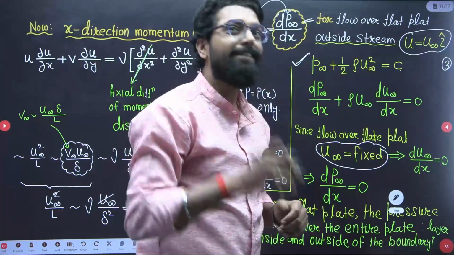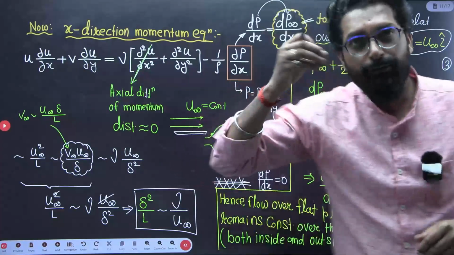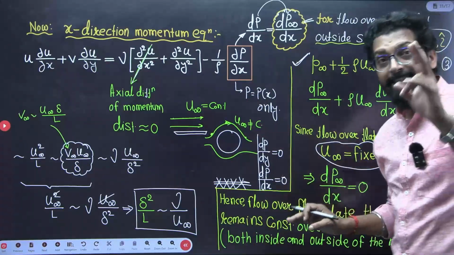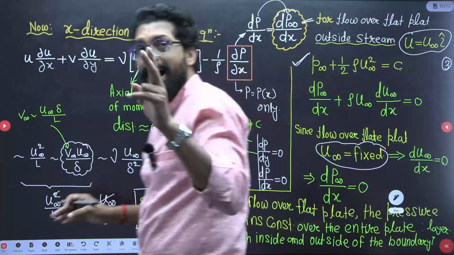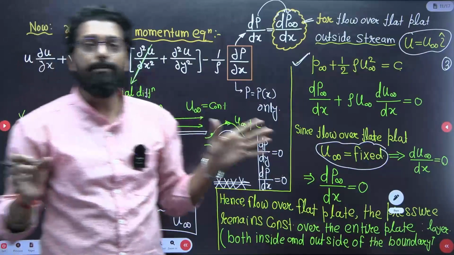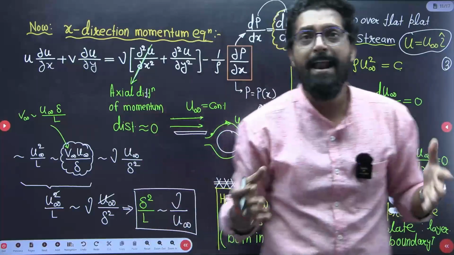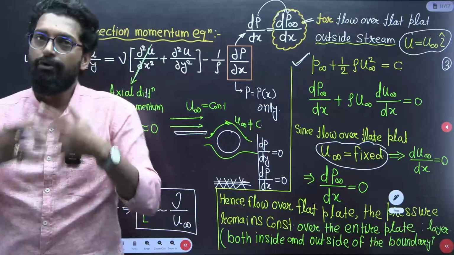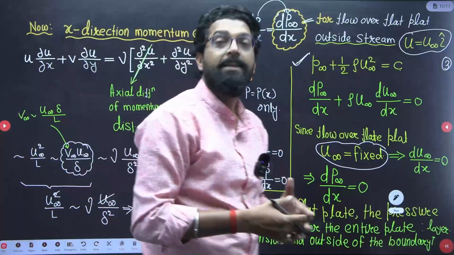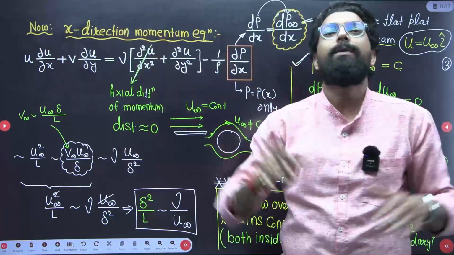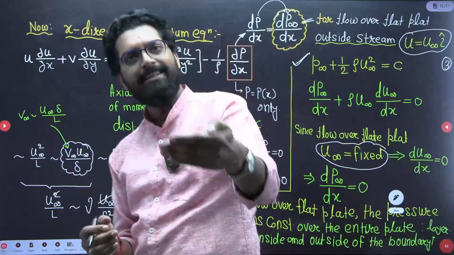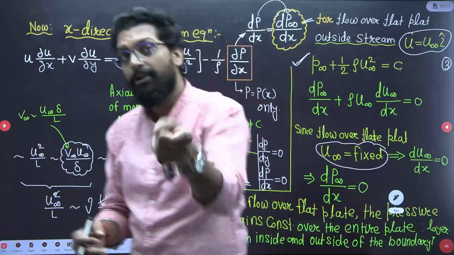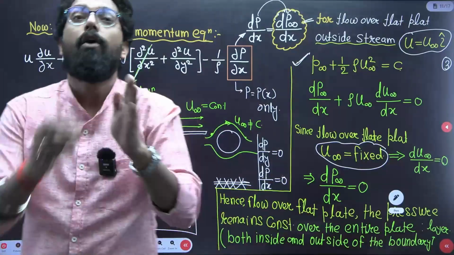But it is not so in the case of closed, internal flow. This is the external flow, so that is the subtle concept. If someone asks you the difference between the flow parameters of flow over a flat plate and flow within a pipe, you can say: over a flat plate, pressure remains constant over the entire plate, inside or outside the boundary layer, but in internal flow, pressure is always varying.